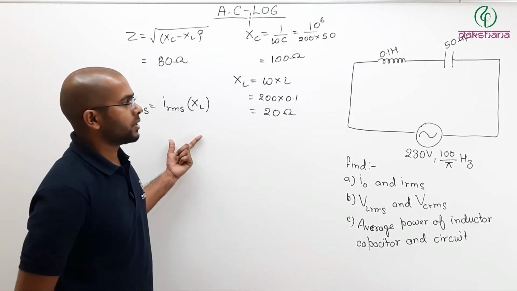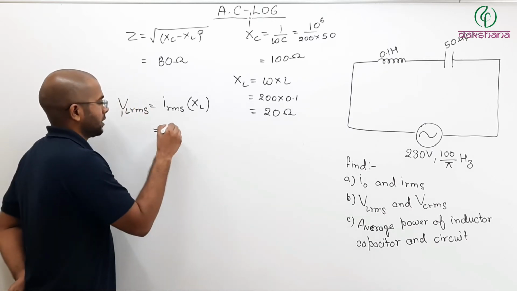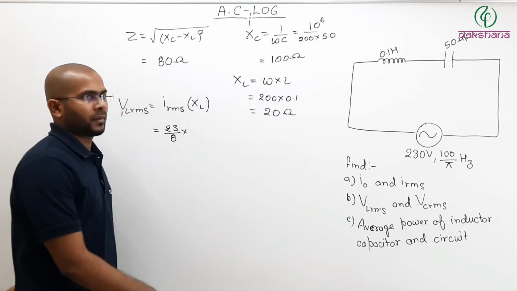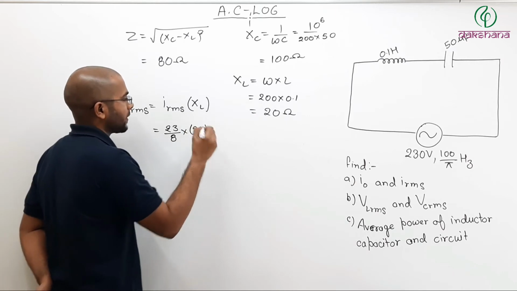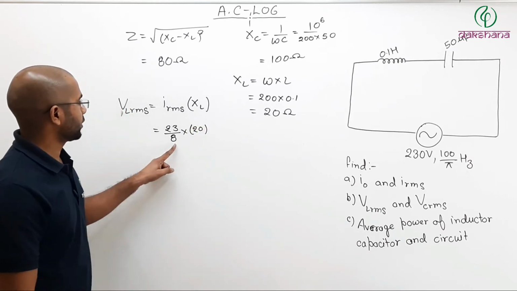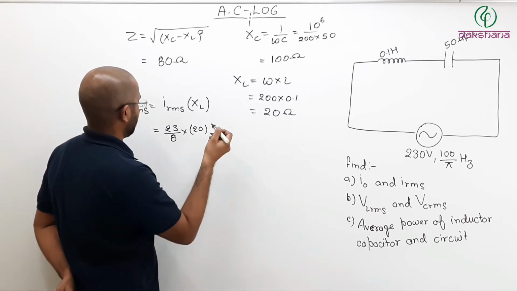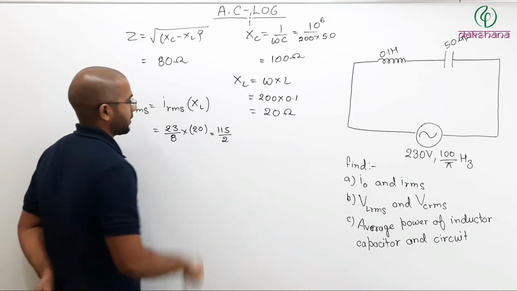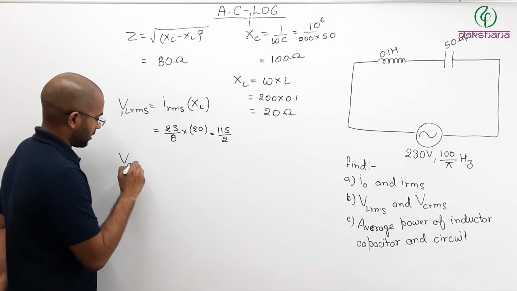IRMS we have calculated as 23 by 8, so this will be 23 by 8 times XL. XL is 20, so that can be 2, 5, then 5, 10, 115. So 115 by 2. That is VLRMS.